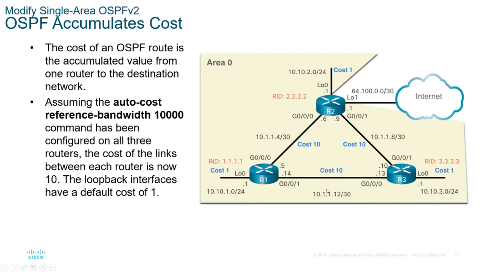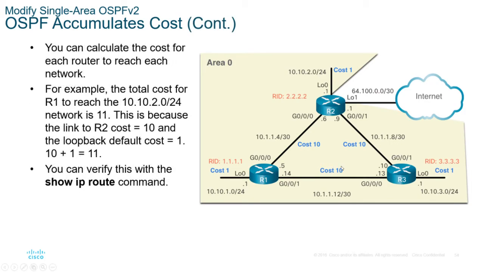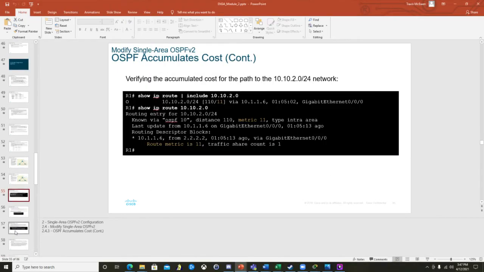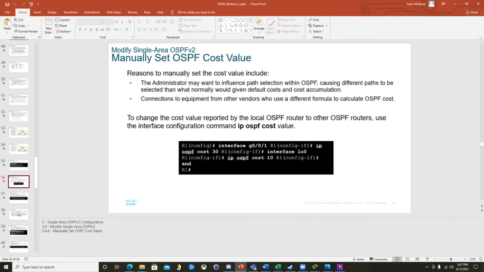And if that link goes down, then the SPF algorithm reruns, checks for backup links and the next best route to still get to that network, and then adds that secondary route into the routing table. So again, that's our metrics.